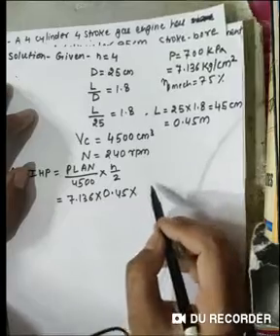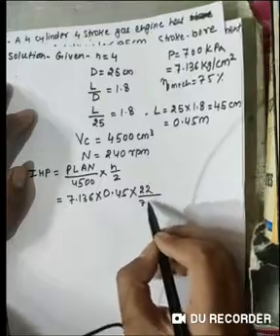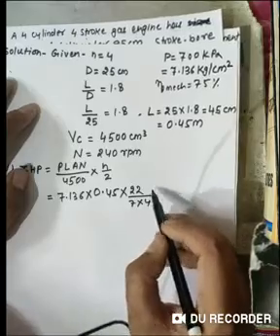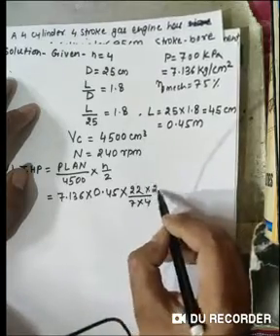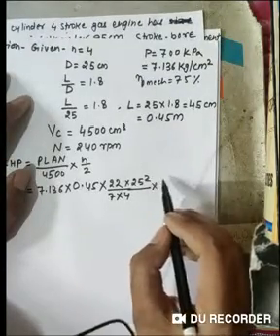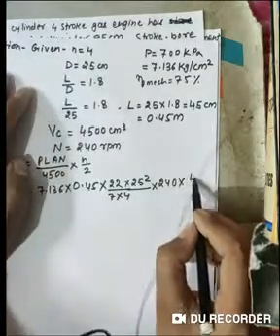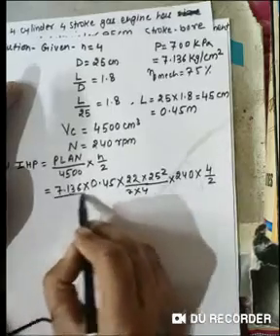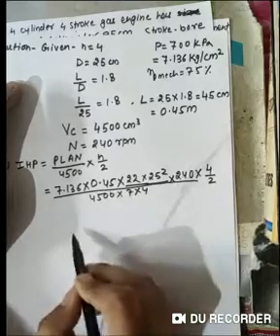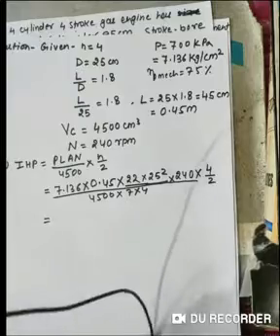Area is pi d square by 4. So value of pi is 22 by 7. Pi by 4 D square, diameter is 25, so it is multiplied by 25 square, and value of n is 240. Number of cylinder is 4, so 4 by 2, and in denominator there is 4500. So we multiply the numerators and divide that by denominator.